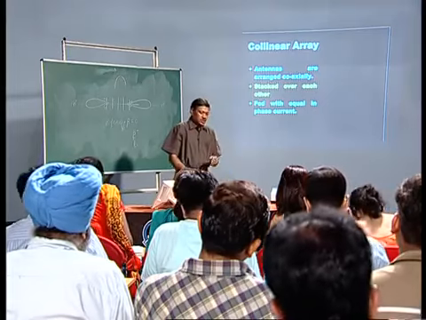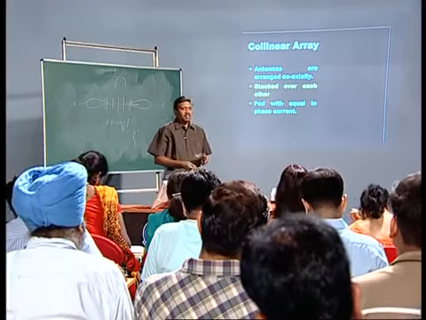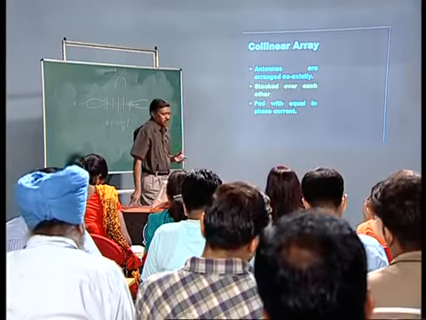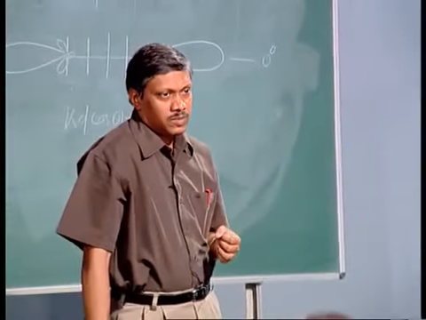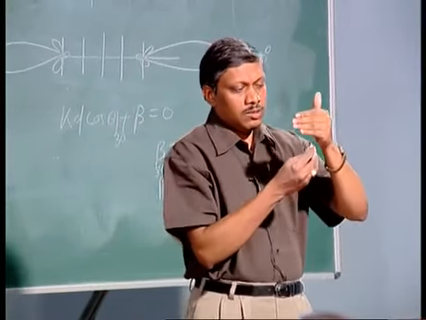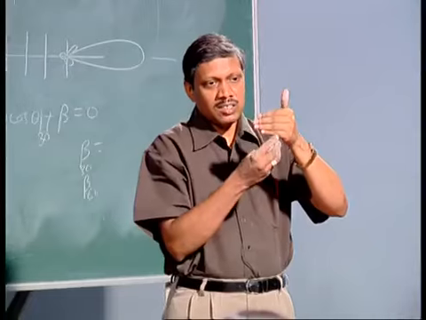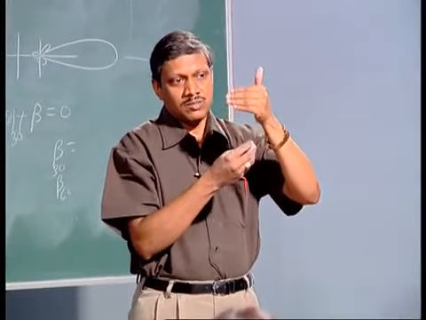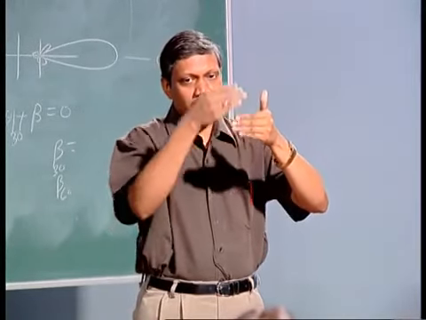There is another type of antenna array you will come across, which is called collinear antenna array, where the antenna elements are stacked one above the other, like this, like this, like this.